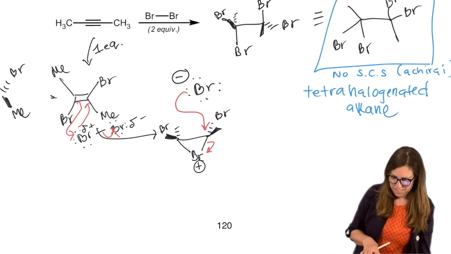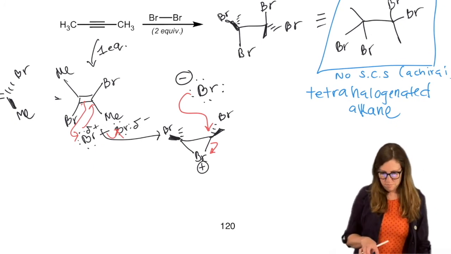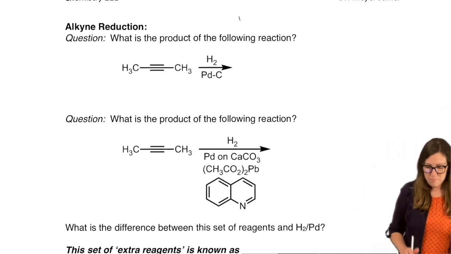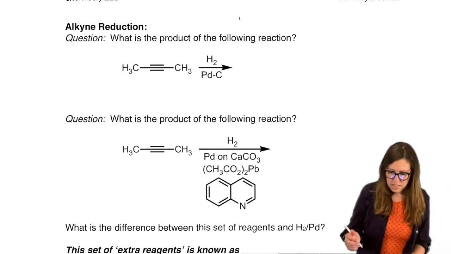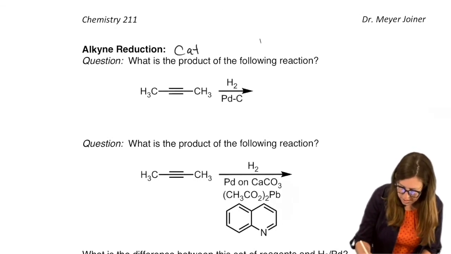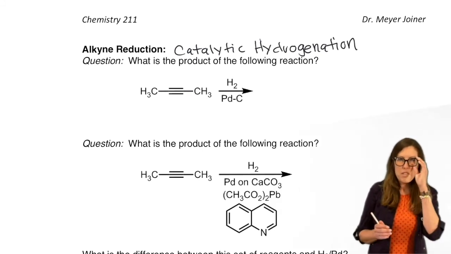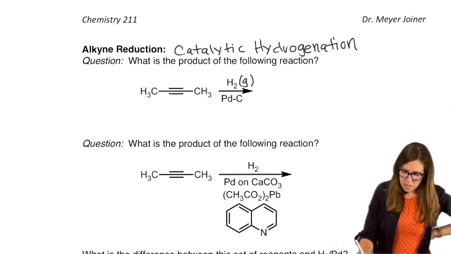Okay. What else could we do that is somewhat familiar? We can reduce alkynes, just like we can reduce alkenes. So H2, palladium on carbon, catalytic hydrogenation. Sometimes it's platinum or some other transition metal catalyst, but palladium on carbon is a popular one, with H2 gas.